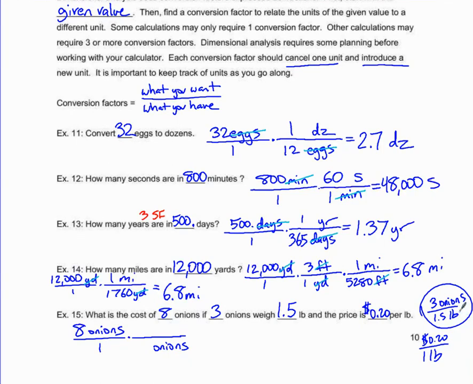We could just as easily change that and say that 1.5 pounds is 3 onions. Those are equivalent values. There's not a problem if we just flip it upside down. So 3 onions are 1.5 pounds. Keep track of our units as we go. Onions cancels, and we have pounds now.